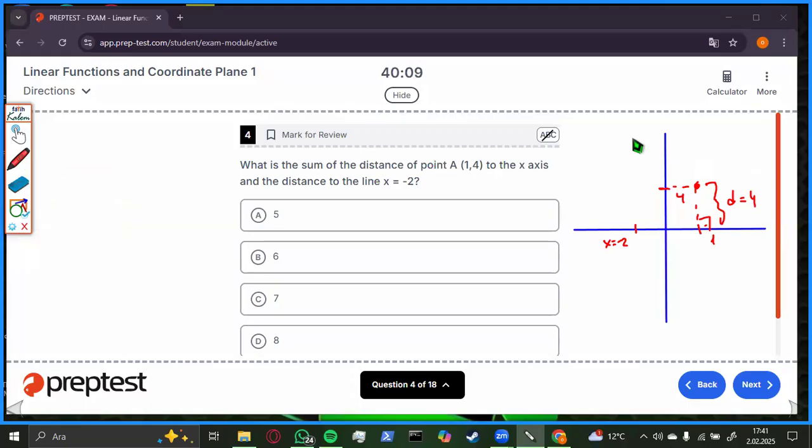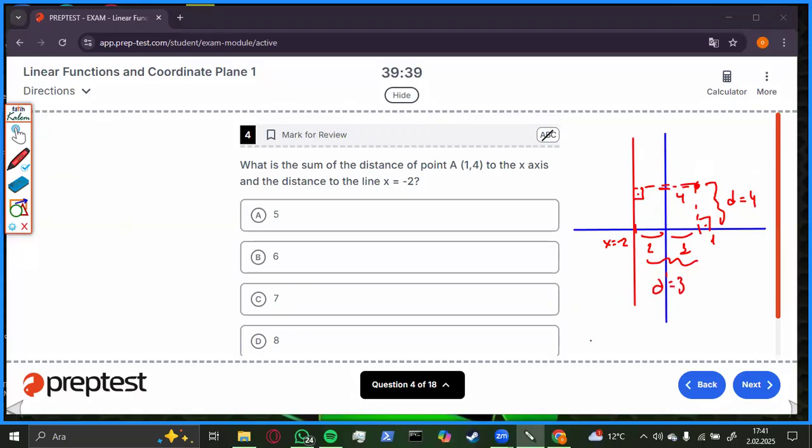And you need also the distance between the point and the line x equals minus 2. In other words, again, you need the line perpendicular to x equals minus 2. And as you can easily realize, this distance is 2 and this distance is also 1. The sum of those values is 3.